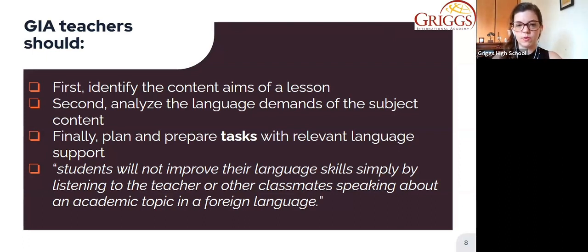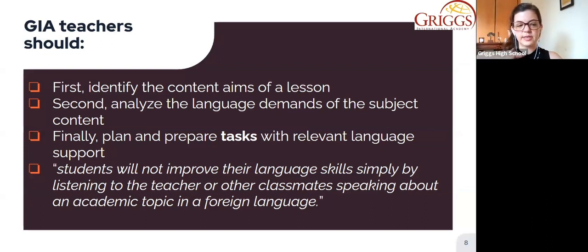What is the goal with this content? What do I want my students to learn? So I need to teach this specific content, these specific topics. When we finish the lesson, they need to know about this. They need to be able to perform about this content, this topic in health.